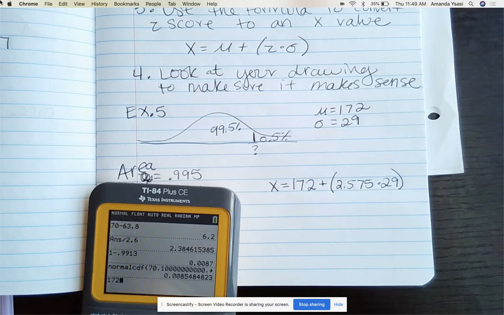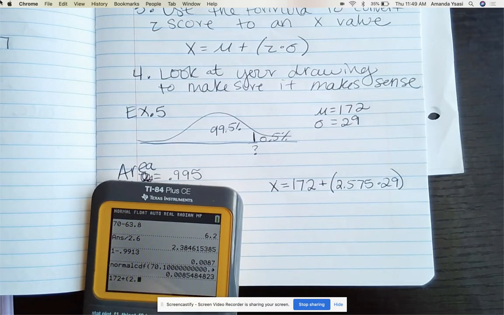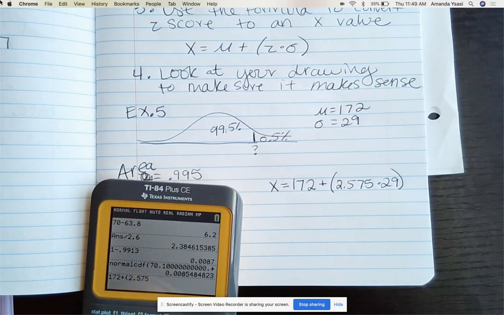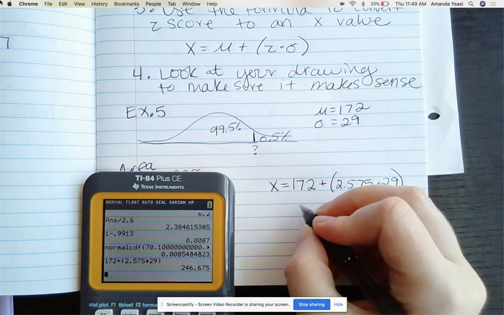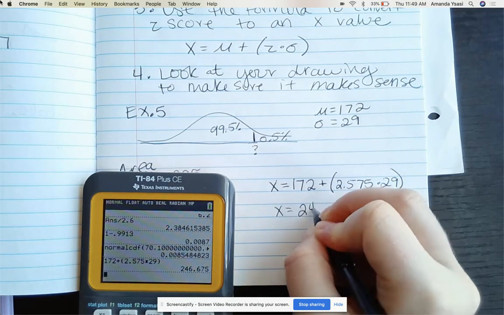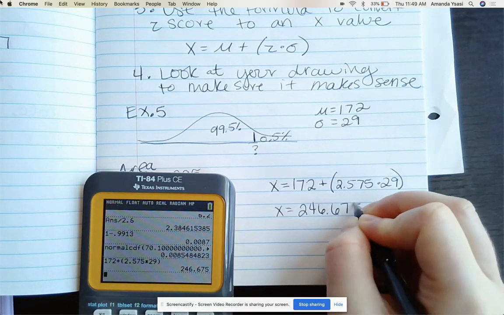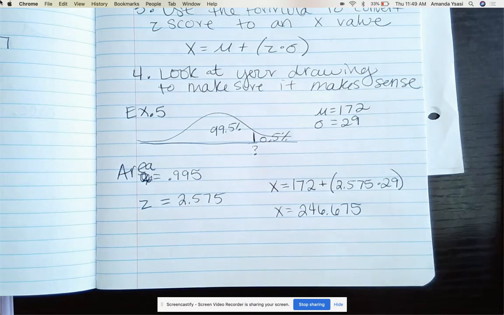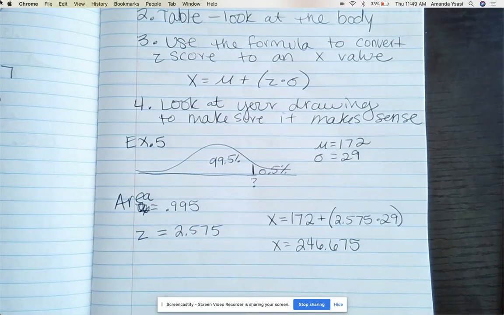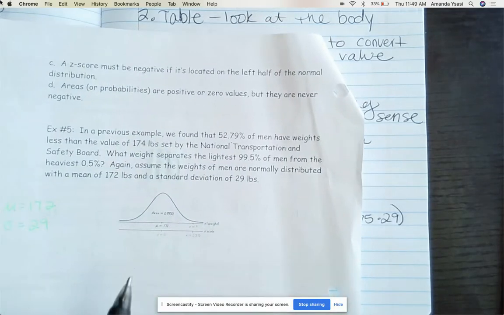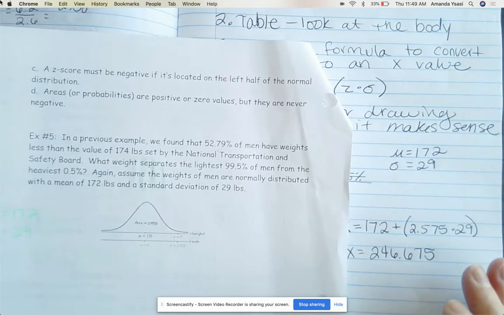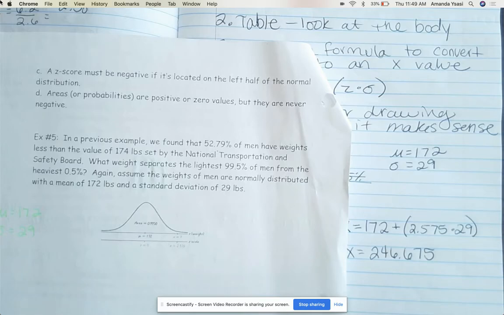So 172 plus 2.575 times 29. So x equals 246.675. If we look back at the question, it says, what weight separates the lightest?